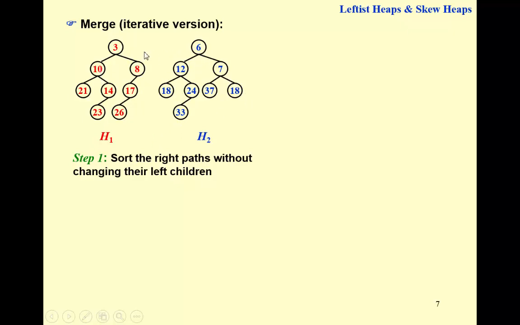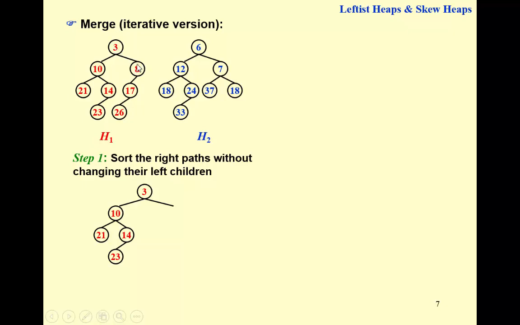So at the very beginning, we have two pointers pointing to the two roots, and we just compare the two root keys and keep the smaller one. Okay, so we keep the smaller one, and then move the first pointer along its right path down to its right child.